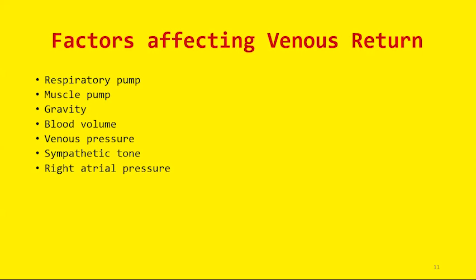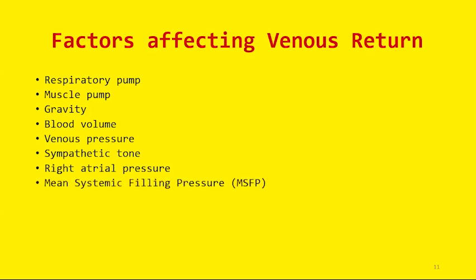If you increase the pressure inside the right atrium, then the blood entering from the peripheral vessels will be on the lower side, because the blood entering the right atrium will face extreme pressure and this will compromise the venous return. So right atrial pressure is inversely proportional to venous return. An increase in right atrial pressure will decrease the venous return.